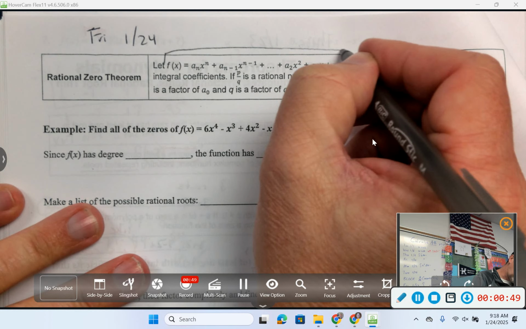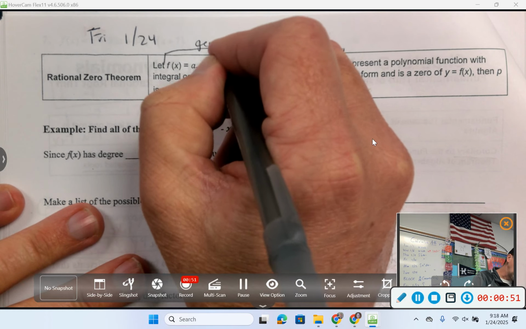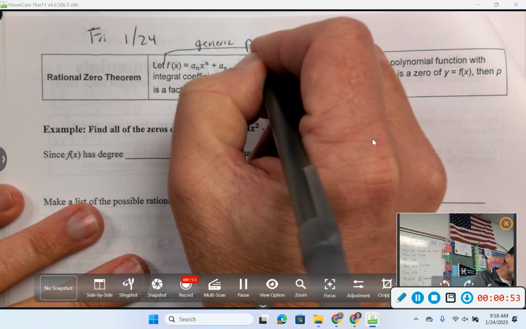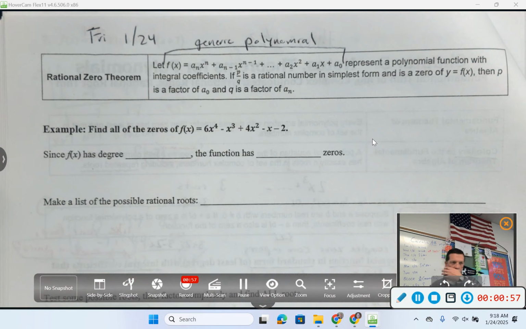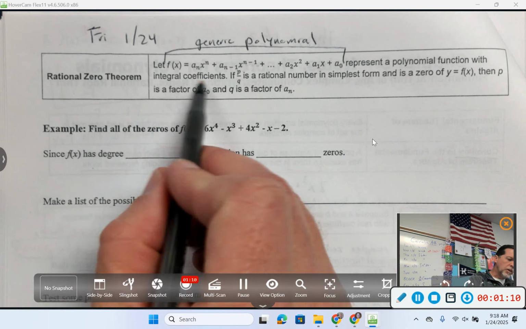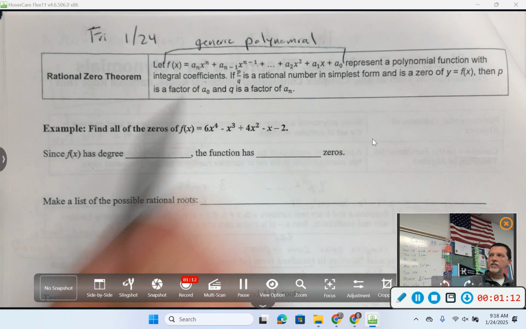So all of that is just like a generic polynomial. We don't know the specific powers. We don't know the coefficients. But that's like the easiest way we can write a generic polynomial with integral coefficients. So all those a's are integers.